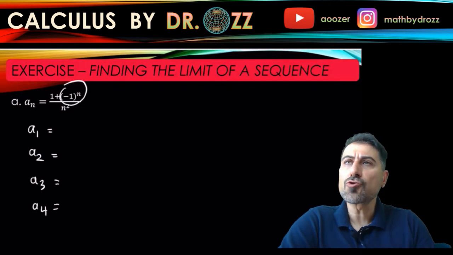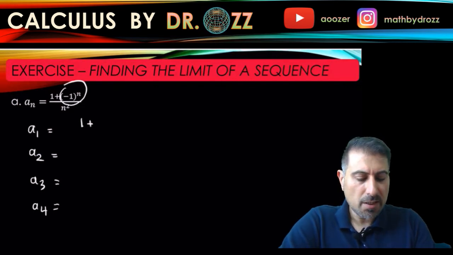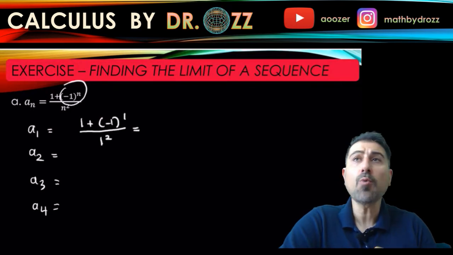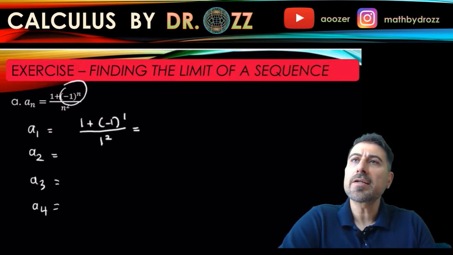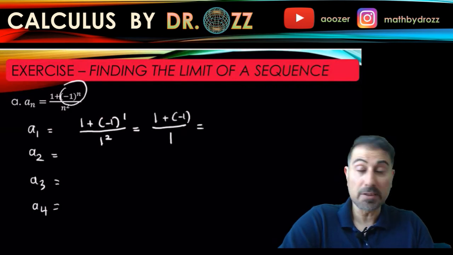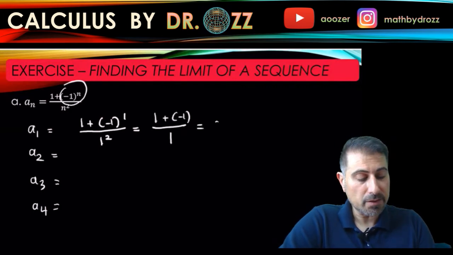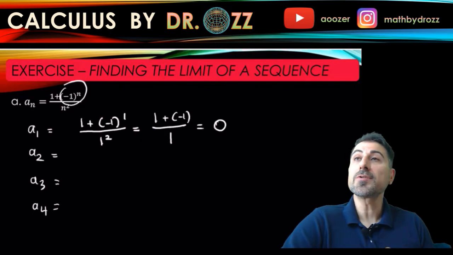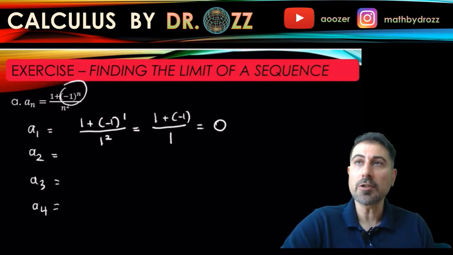So when n equals 1, this will be (1 + (-1)^1) divided by 1 squared. In fact, it is equal to 1 plus -1 divided by 1, and that is 0 divided by 1. Obviously, it's 0. So the very first term of the sequence is 0.